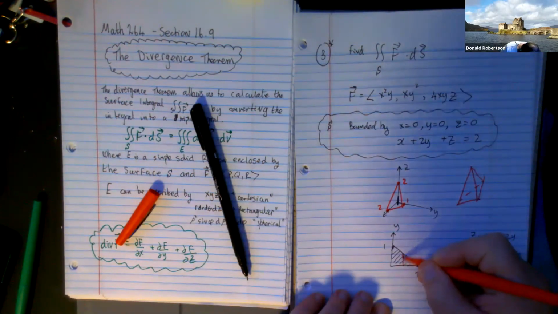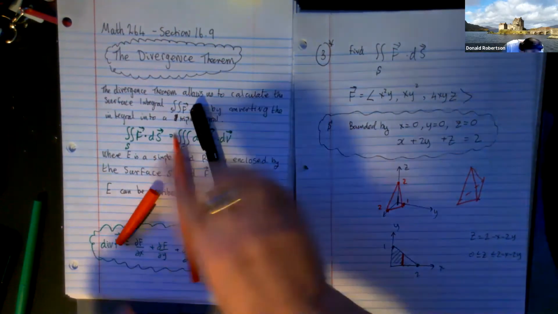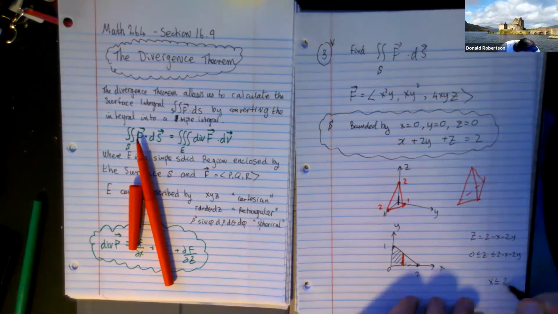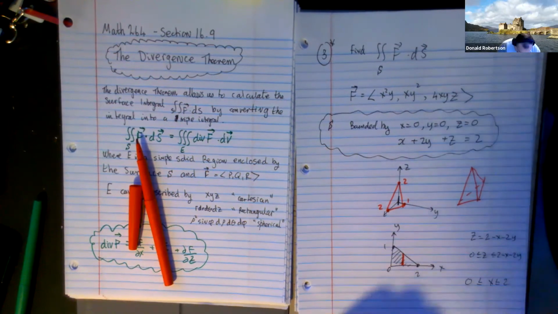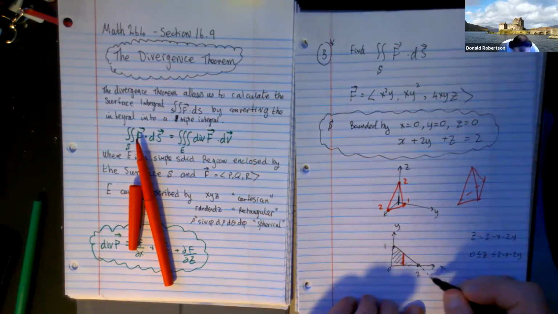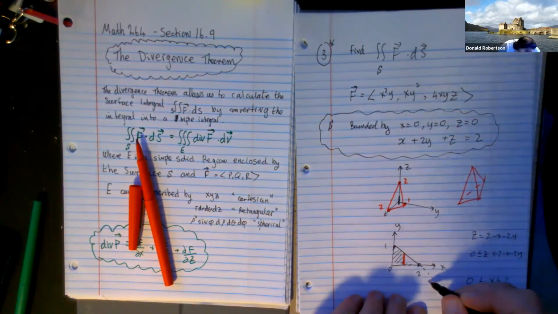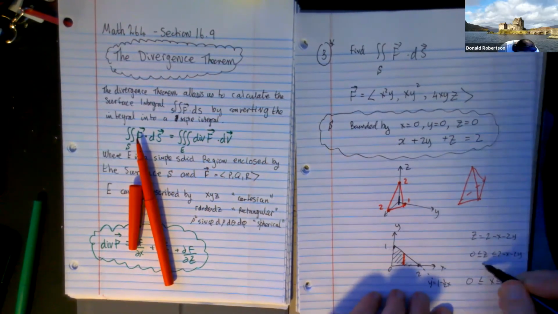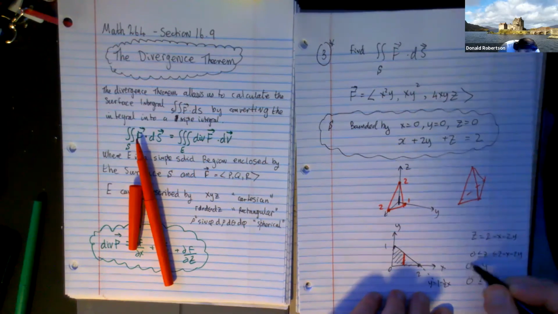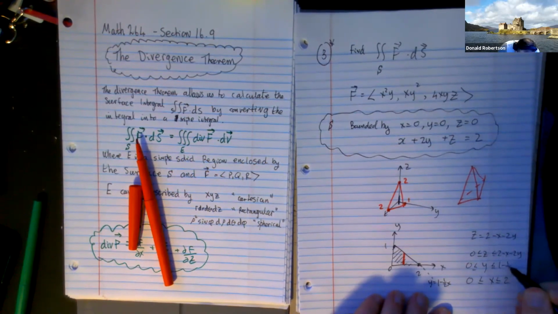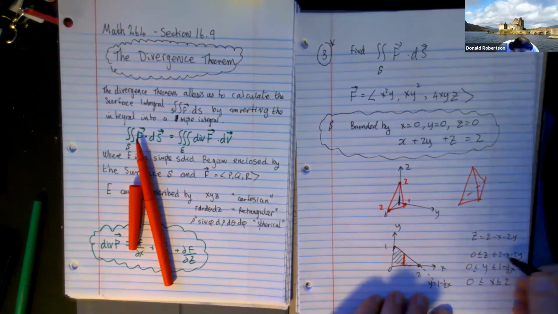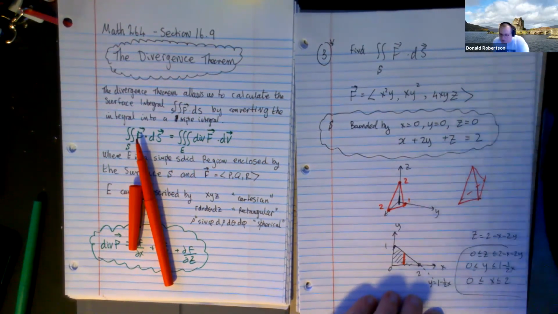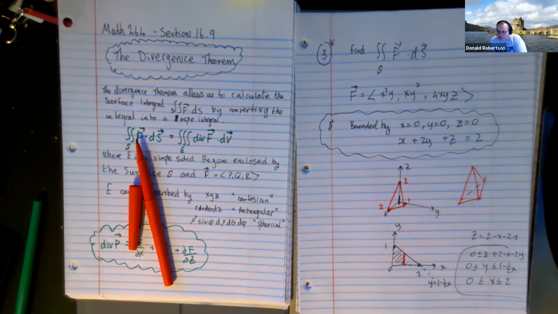The way I see it, x goes from 0 to 2. And if you find the equation of this line, it's 1 take away a half x, and that gives me the range of y's. Are you happy with the limits for x, y, and z of this shape?